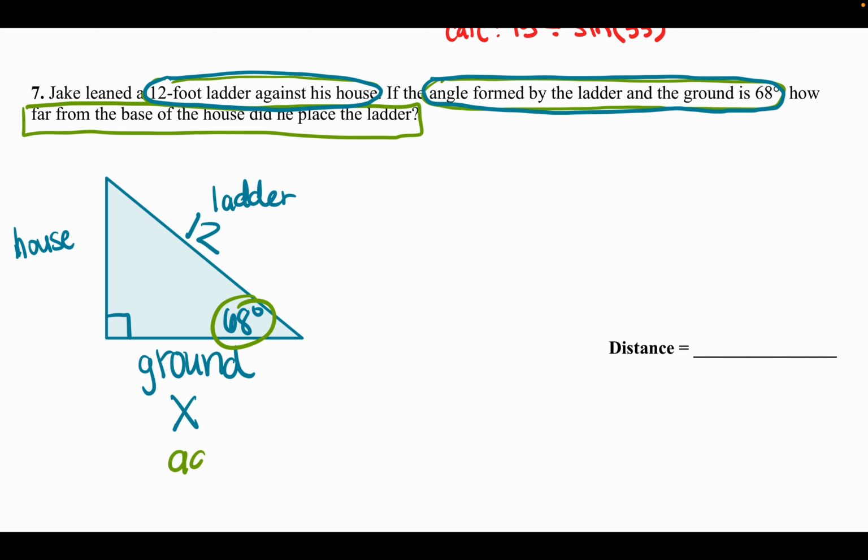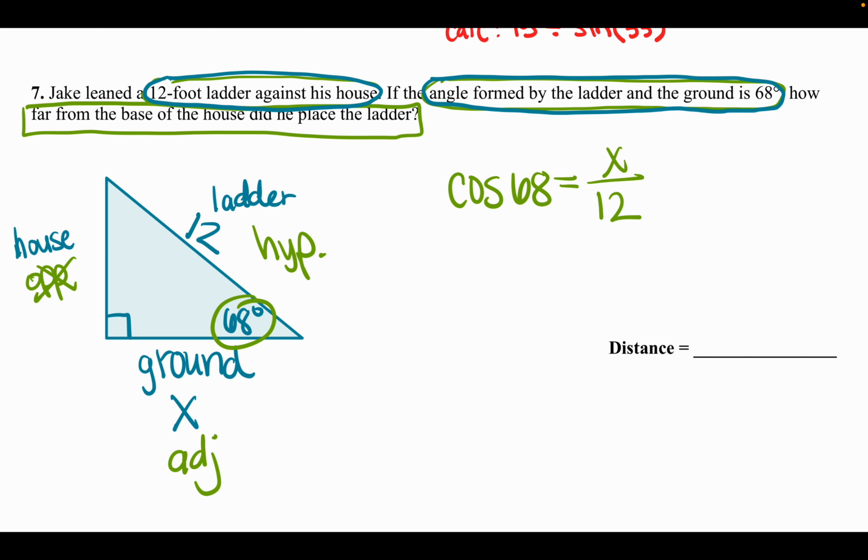That makes x my adjacent. 12 is my hypotenuse. And my house is my opposite, but we don't need your opposite in this question. So we have adjacent, hypotenuse. Adjacent hypotenuse goes with cosine. So the cosine of 68 is equal to x over 12, and then solve for x.